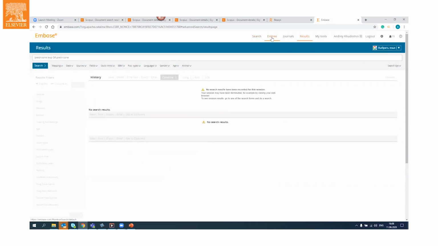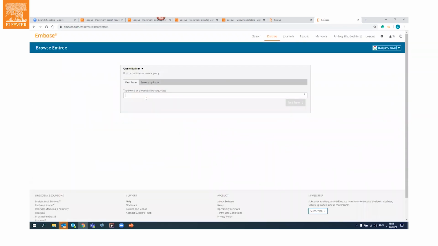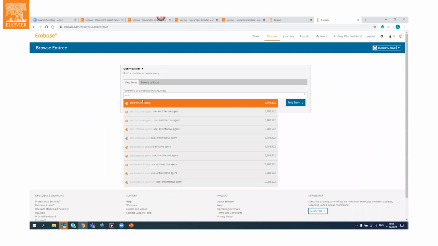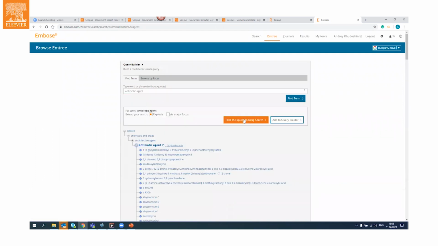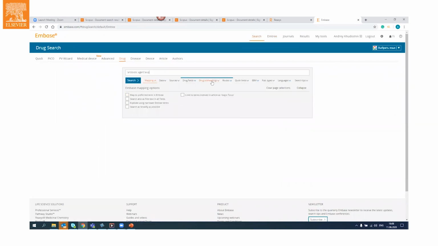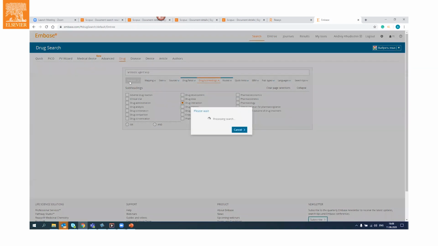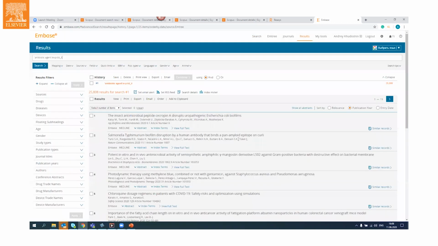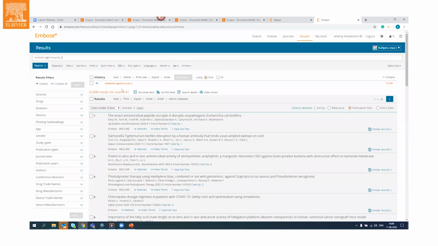So what we will do, we will use Emtree. We will first of all find all antibiotic agents, transfer them to our query, use drug subheadings, and select drug interaction. It's our search query. We get 25,000.